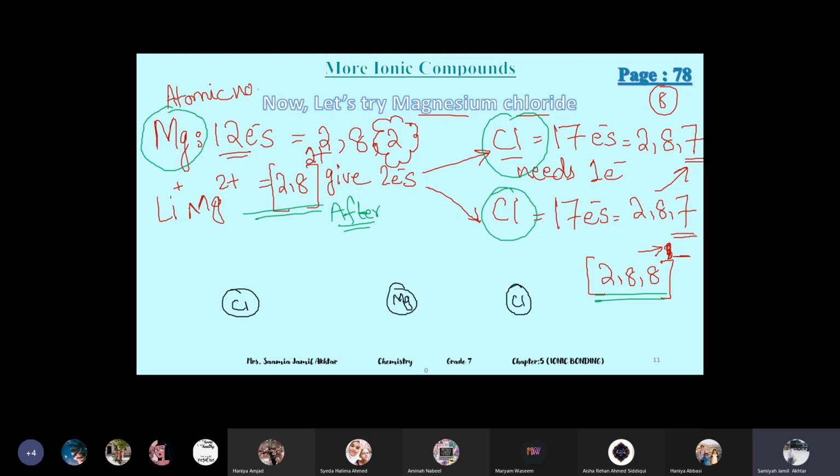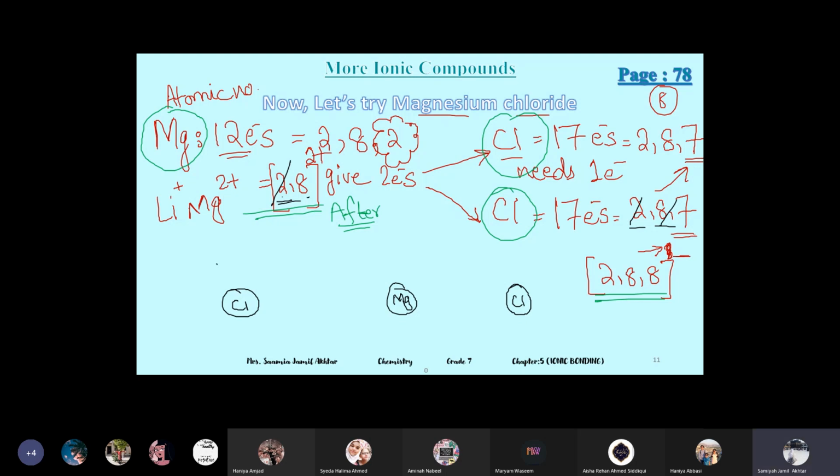In magnesium, this is 2, 8, so the second shell is already complete. Similarly, in chlorine, shell number 1 and shell number 2 are already complete with 2 and 8 electrons, so no need to draw them. We will draw only the last shell.